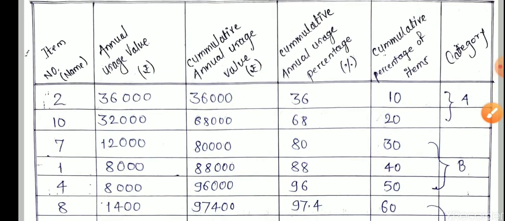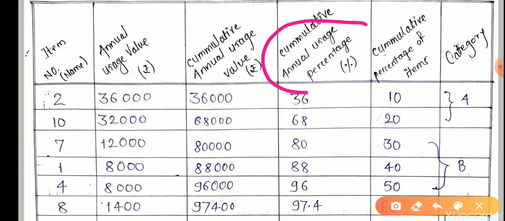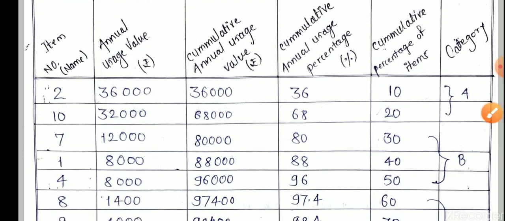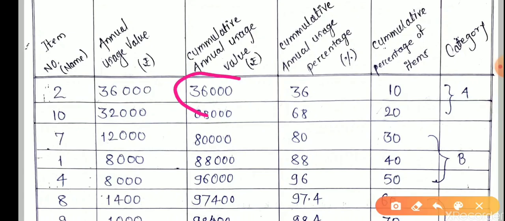Now, in the third column, we have to calculate cumulative annual usage in percentage. That means, in terms of percentage of 1 lakh rupees, how much we are going to spend on each item or cumulative items. So 36,000 divided by 1 lakh rupees, multiplied by 100 because it is a percentage, becomes 36.